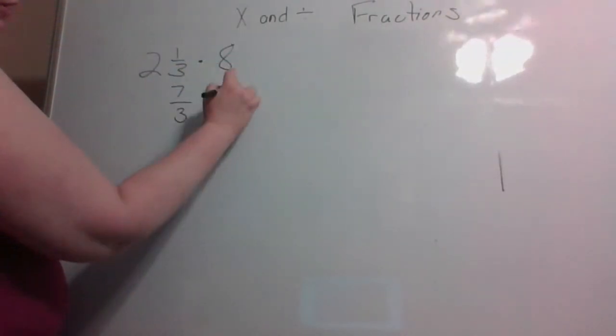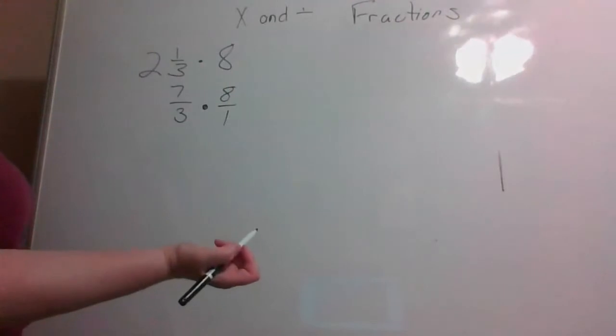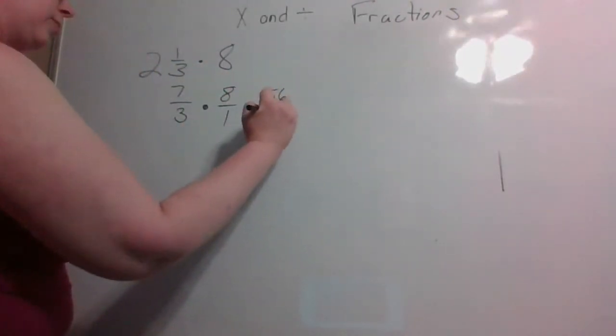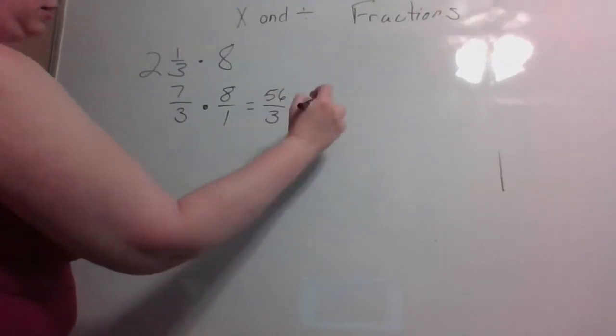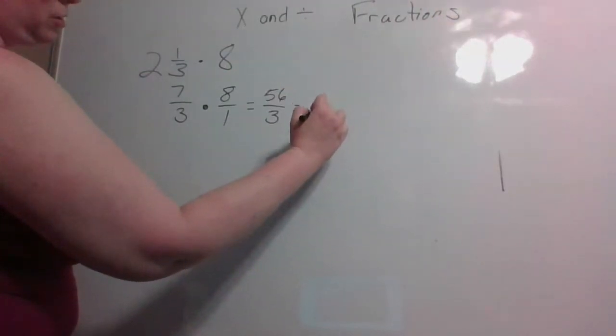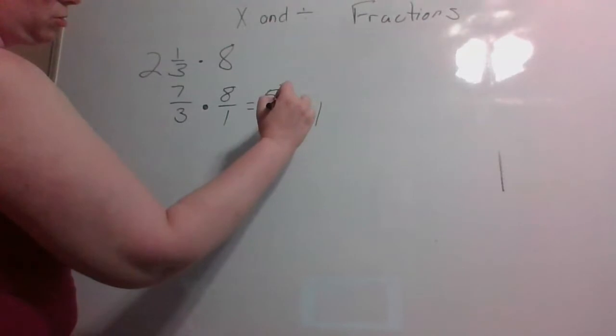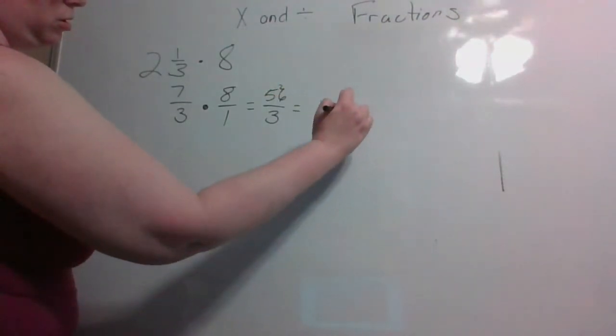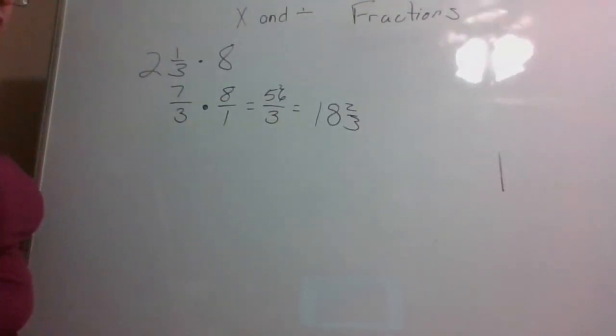And over here, we're going to change this to 8 first. Now I can multiply, and 3 goes into 56. There we go. 18 2/3 would be my answer there.